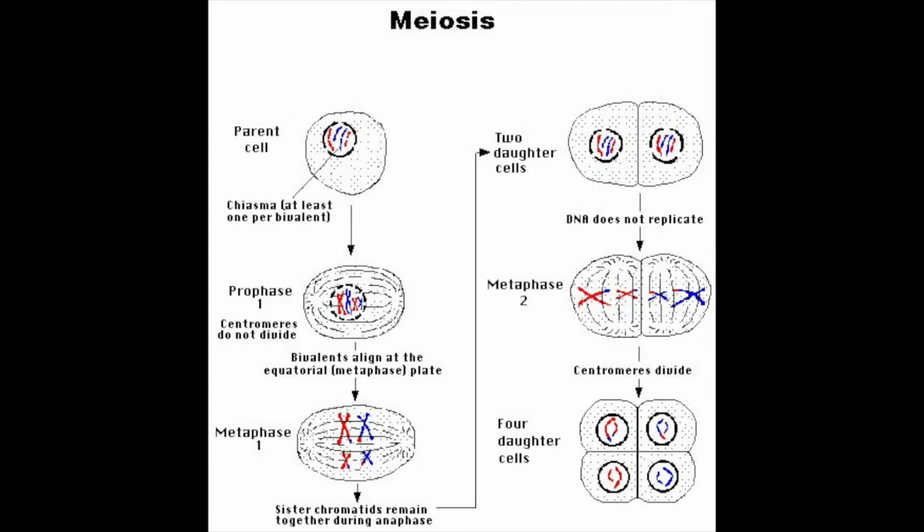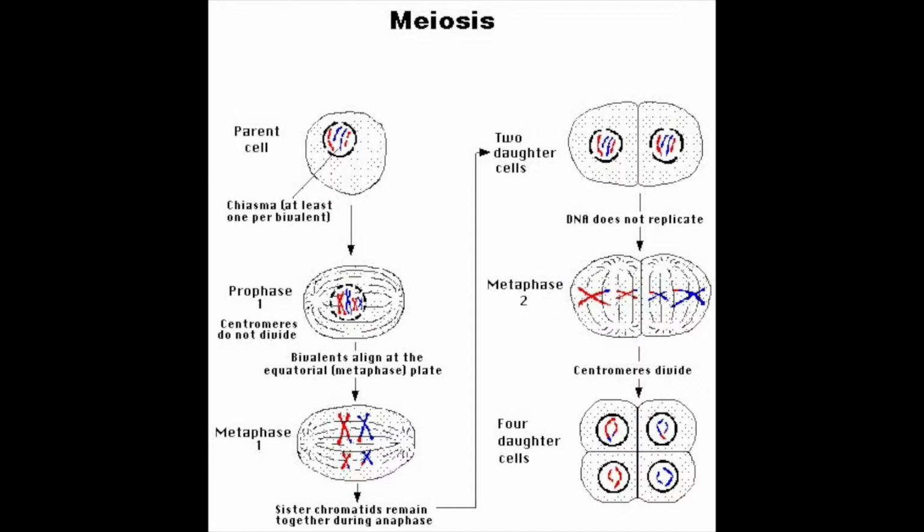Tetrads pull apart and chromosomes with 2 chromatids move toward the poles. Telophase 1. Chromosomes with 2 chromatids decondense and a nuclear envelope reforms around them. Each nucleus is now haploid. Keep in mind that it is not the number of chromatids per chromosome that determines whether a cell is diploid or haploid, but it is the number of chromosomes and whether they are a pair that determines this.